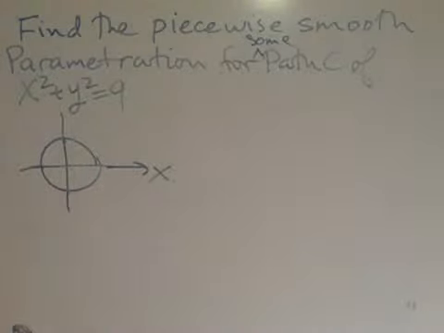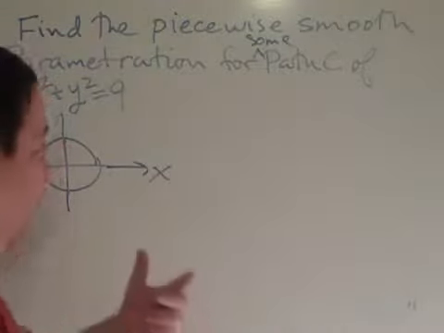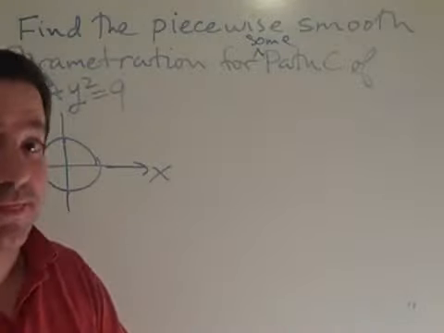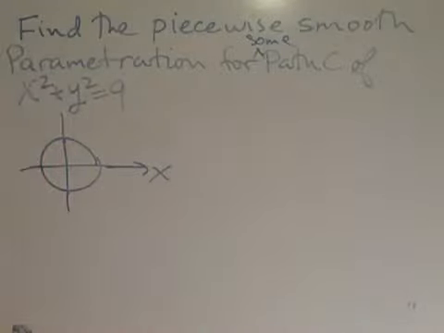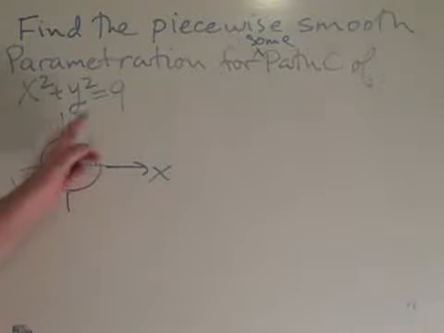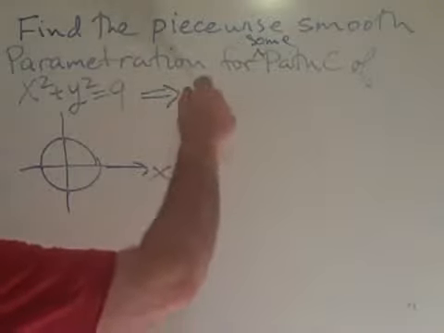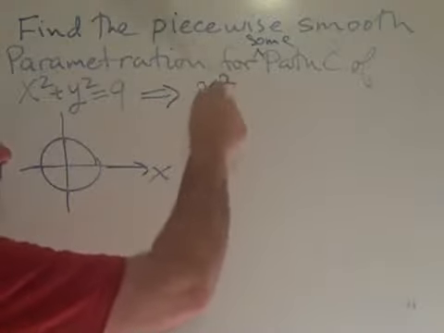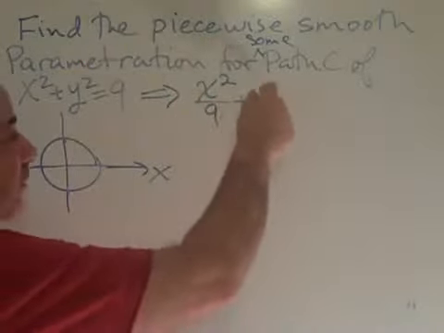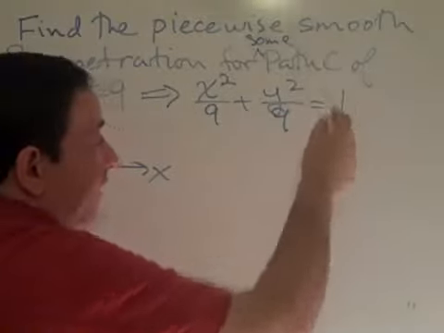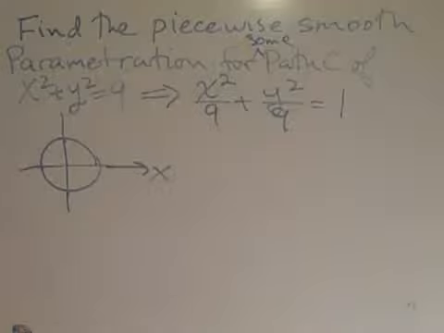Circles get me to think of the Pythagorean theorem for angles: sine squared theta plus cosine squared theta equals 1. Well, here I have it equal 9. If I were to divide everything by 9, x squared over 9 plus y squared over 9 equals 9 over 9, which of course is 1.